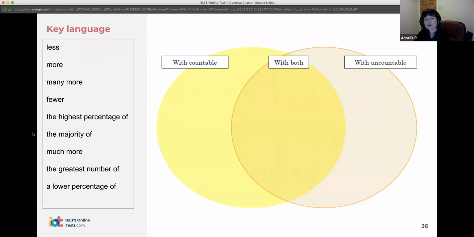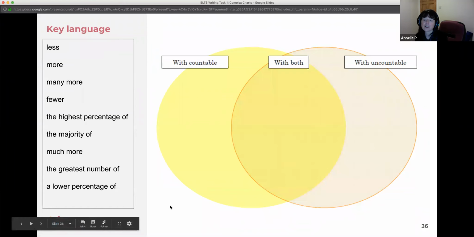So we've got here some words you can use with countable nouns, some you can use only with uncountable, and some you can use in both cases. Okay. So if you look at the words that are here on the side, which of those words could you use with countable nouns?